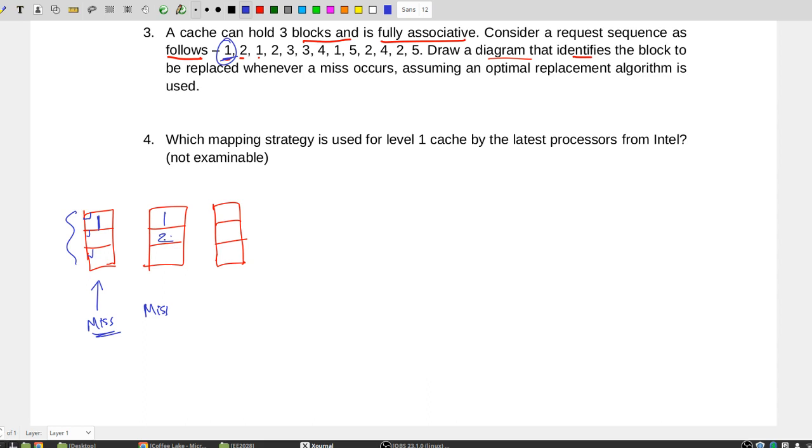So the 2 can go anywhere, but let's follow the order. And then 1 is requested again. So originally 1 and 2 are there in the cache. So 1 is being accessed. So now you have a hit. The previous 2 were misses, and now since 1 is being accessed, it's a hit.